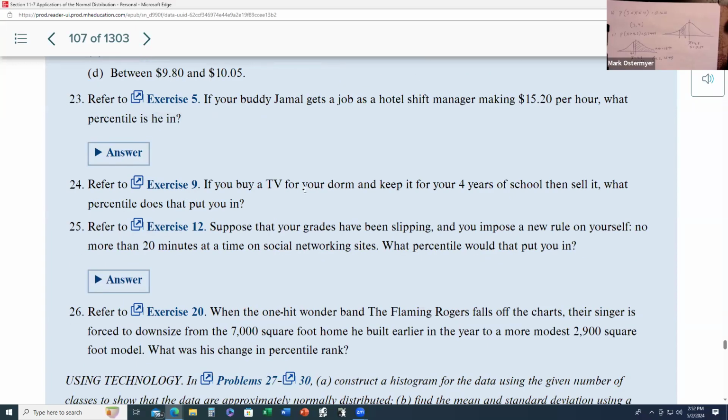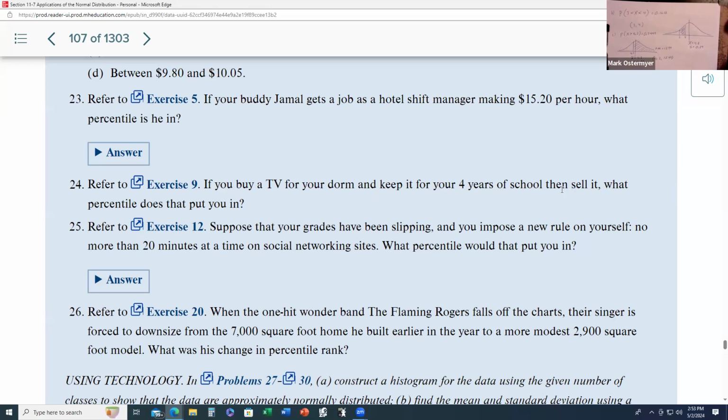If you buy a TV for your dorm and keep it for your 4 years of school, then sell it, what percentile does that put you in? In other words, what percent of people keep their old TV for less than 4 years? That's what they're asking us for. We're trying to compute a percentile value.